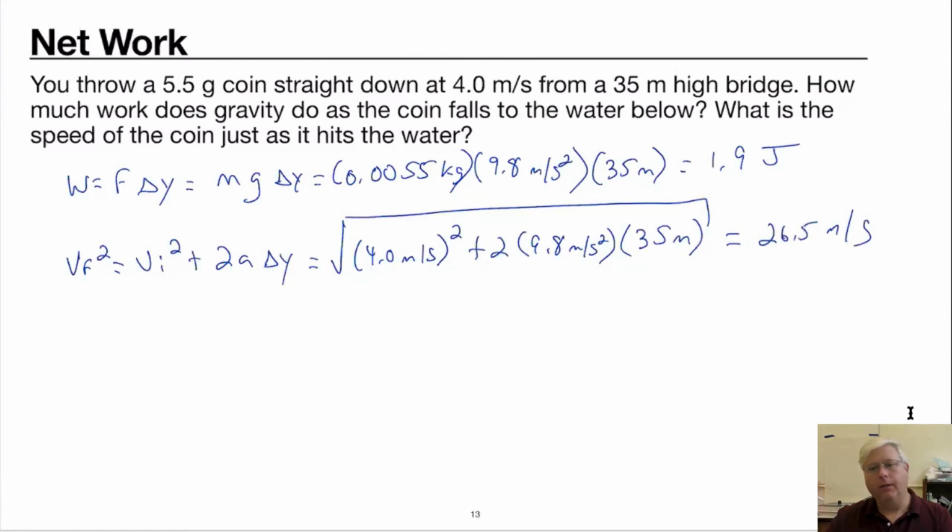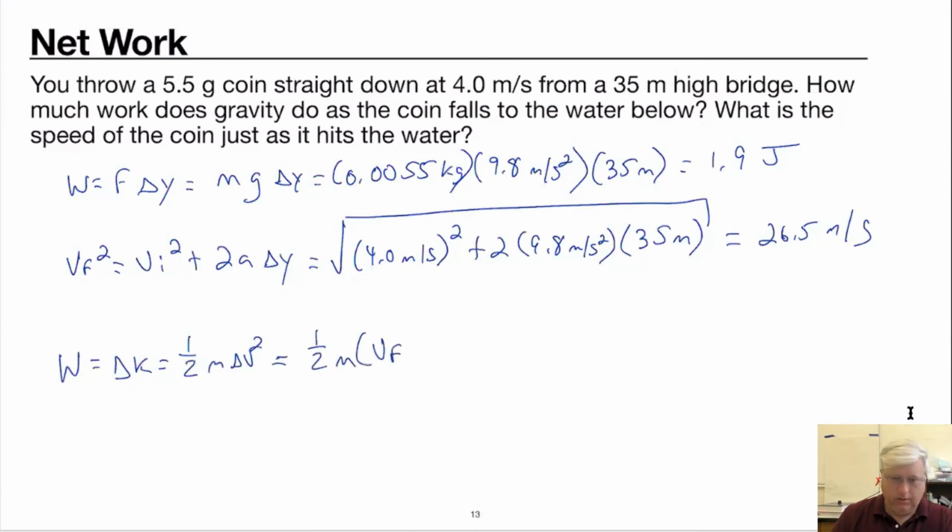Okay, and one thing we can do is use this final speed that we found to check what we calculated for work. Because remember, what we learned was that work is equivalent to the change in kinetic energy, which is 1/2 m delta v squared, which is 1/2 m times v final squared minus v initial squared.